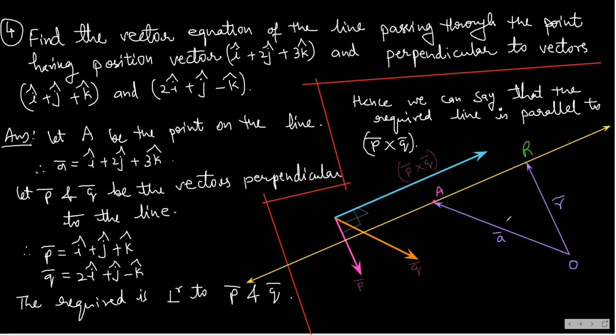Okay, now whatever required things we should have, we have it. I need a point on the line. I have it. I need a vector parallel to the line. I have it. See, P bar cross Q bar, I have.